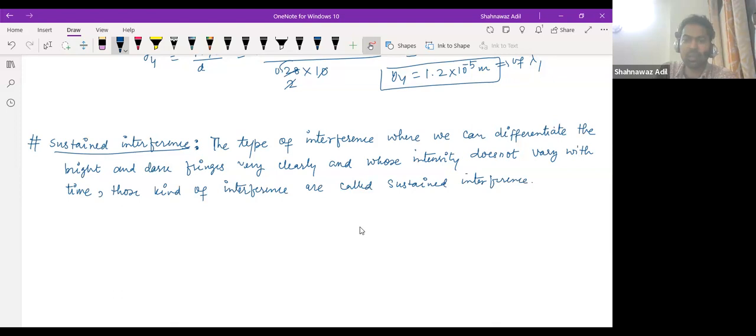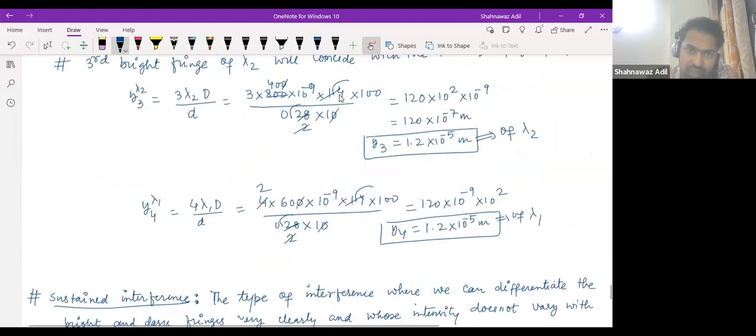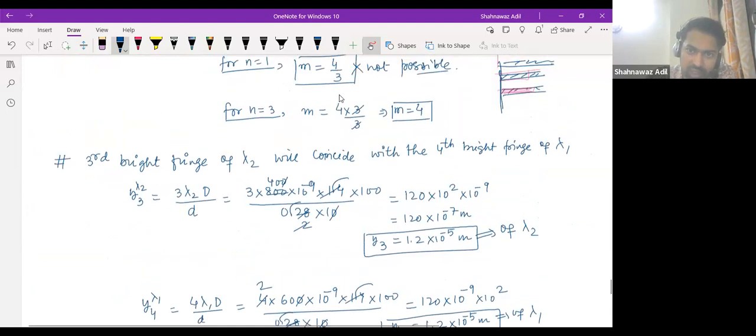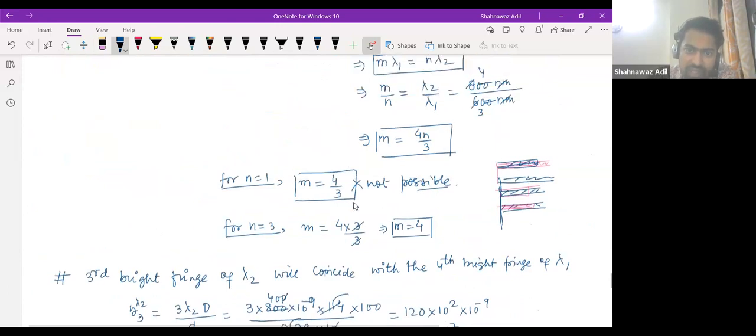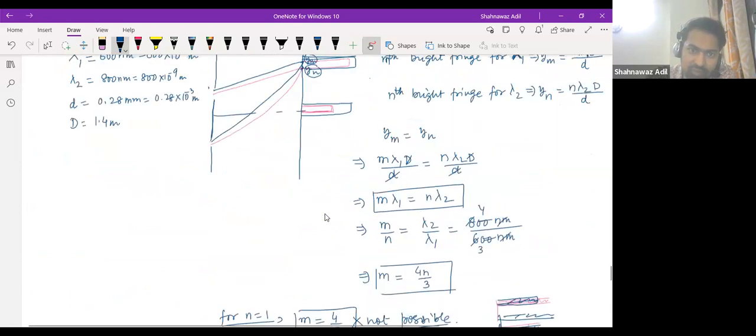And what are the conditions for sustained interference? You just saw from the previous question, right? So I will talk about them. First thing for interference is that the waves are superimposing, right?